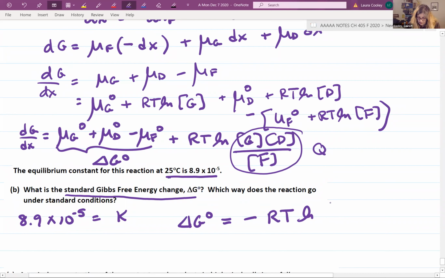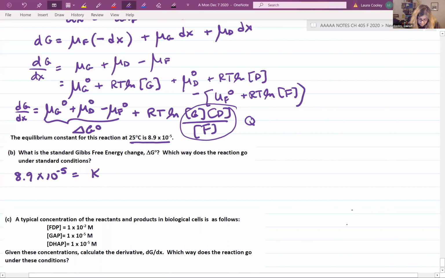This is minus RT times the log of K. Okay, so just put that number in. So this comes out to minus 9.33.